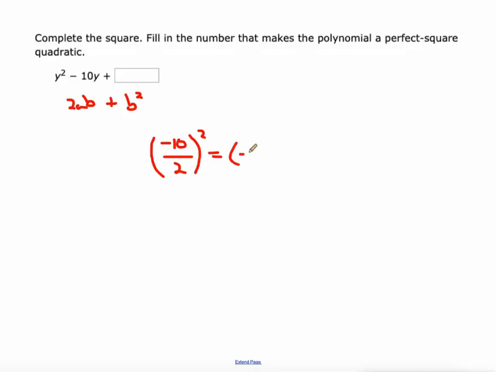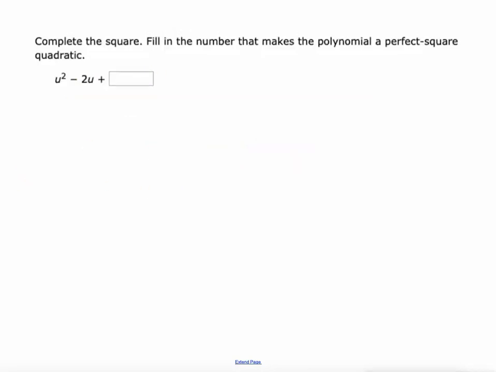So that's negative 5 squared, which is 25. Half of the b value squared. That's basically it. On this one, we're going to take negative 2. You always divide it by 2, and then you square it. So that's negative 1 squared, which is 1.